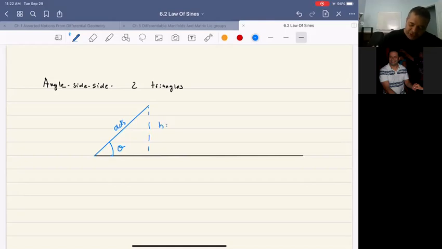I've got my H equals the adjacent times the sine of the angle. Okay, so now what happens if the opposite side is actually bigger than H, but less than the adjacent? If that happens, then I actually have two triangles.